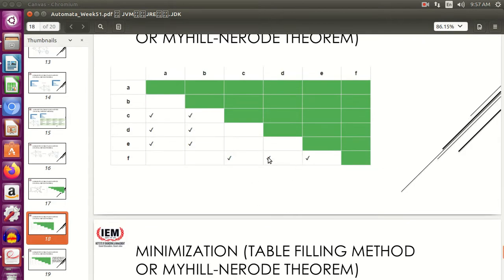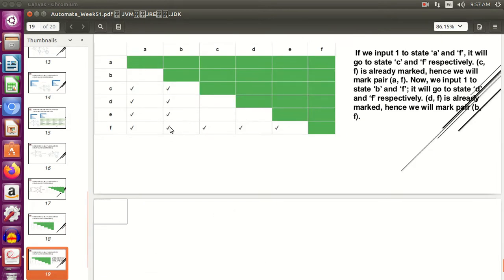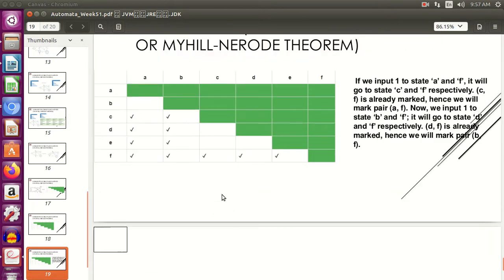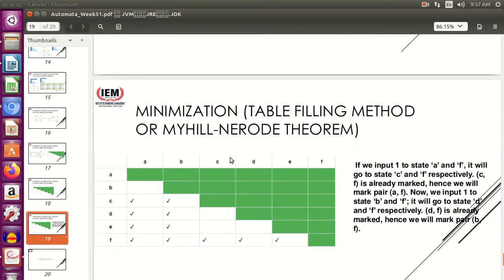Since DF has already been marked, we can mark BF. For all the other states, if you check, you can see that no more marking is possible because we are not moving into any next states which have been marked in the previous steps. So what are the unmarked states?